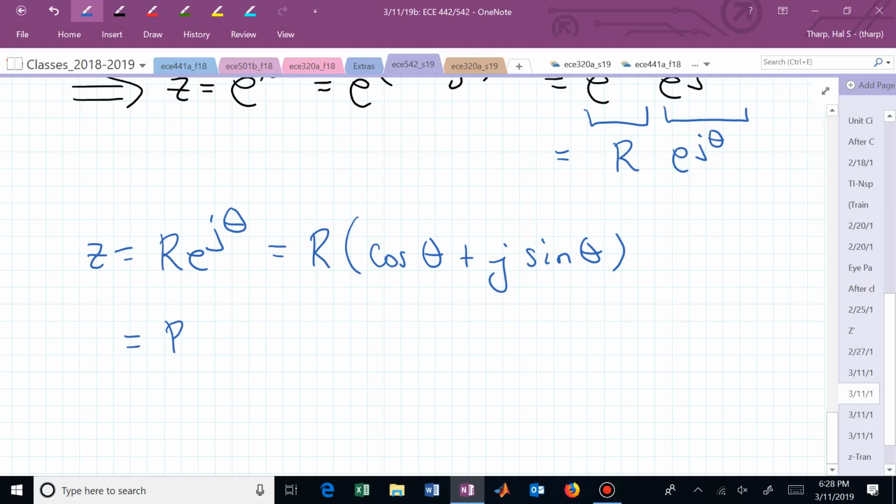We now have r cosine theta plus j r sine theta, or this is now the real part of our complex pole in the z-plane, z sub r, plus j imaginary component z sub i.